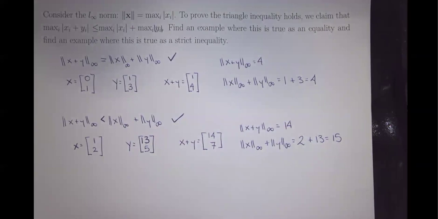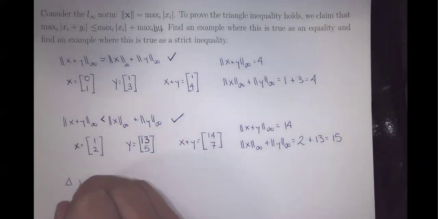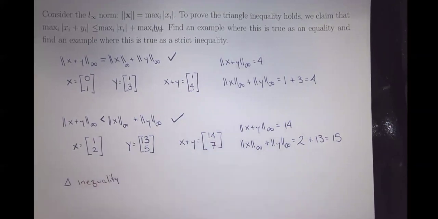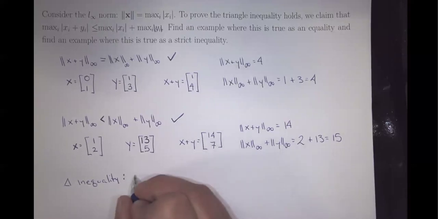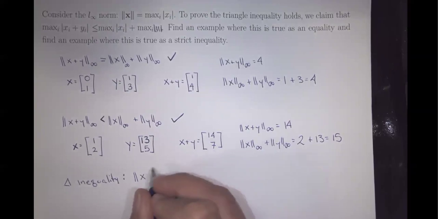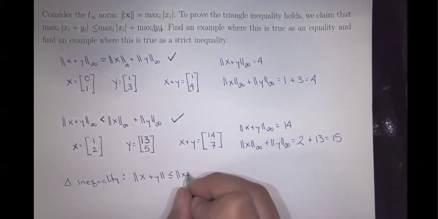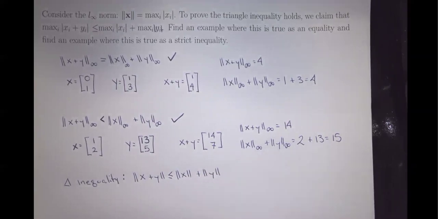So because you have those two possible situations, the triangle inequality is that for vectors x and y, the norm of x plus y is less than or equal to the norm of x plus the norm of y.